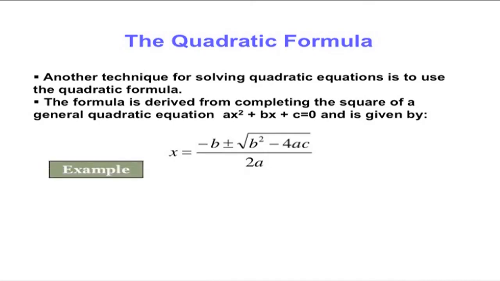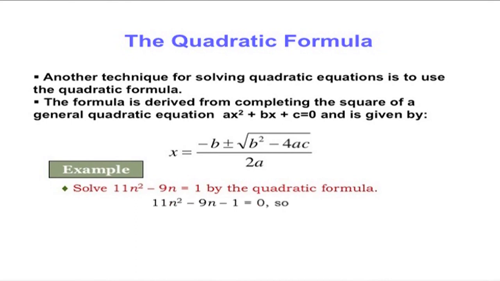Take an example. Solve 11n² - 9n = 1 by the quadratic formula. The equation 11n² - 9n = 1 gives us 11n² - 9n - 1 = 0.